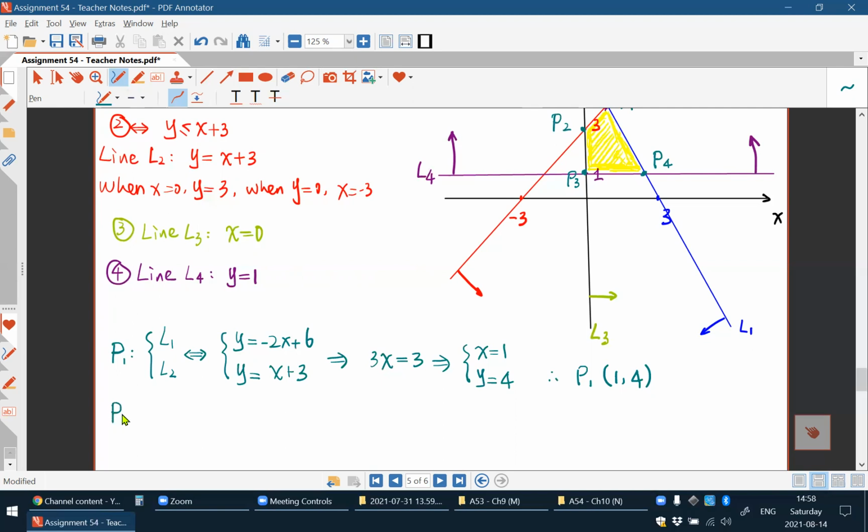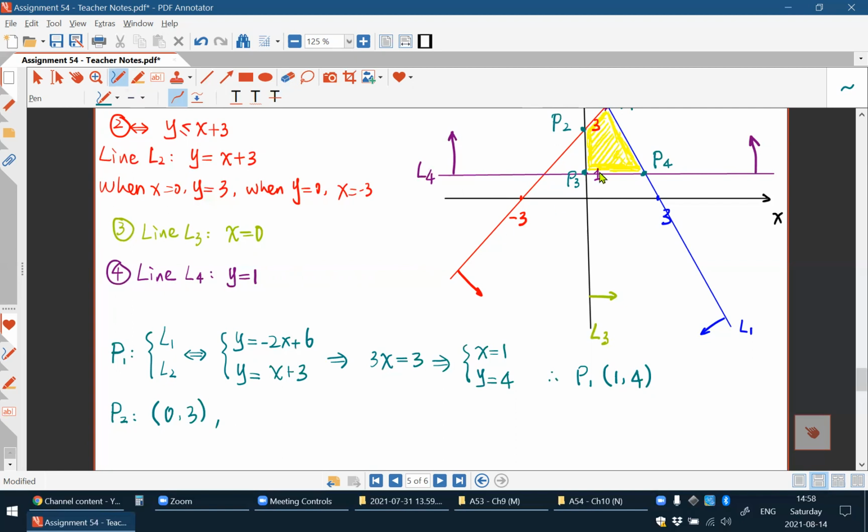Okay, so using the same method, we can find coordinates of P2, P3, P4, right? How about P2? P2 is very easy because it is just the y-intercept of the red line, which is (0, 3), right?